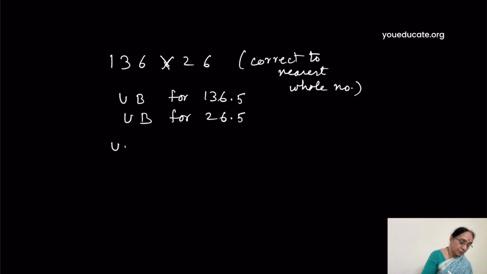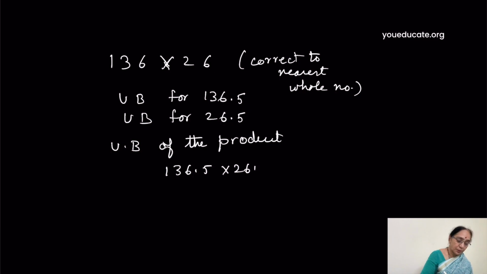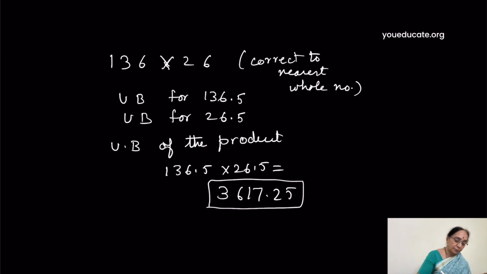So the upper bound of the product will be 136.5 times 26.5. So what is that? 136.5 times 26.5 gives me 3617.25. This is the upper bound for the product.